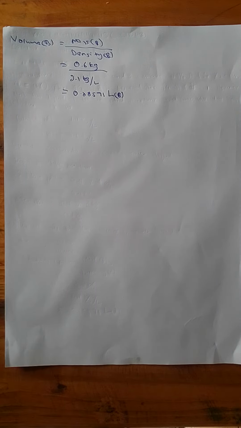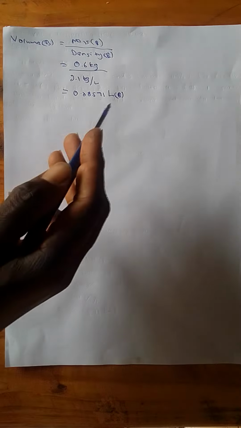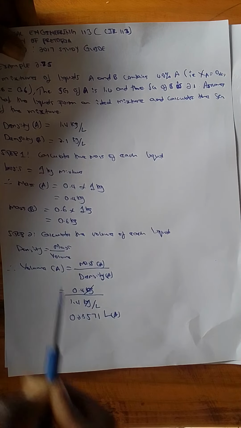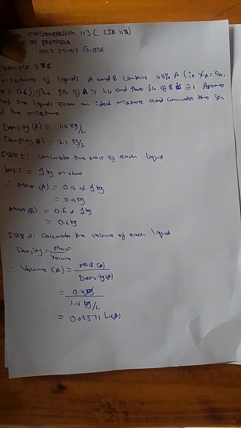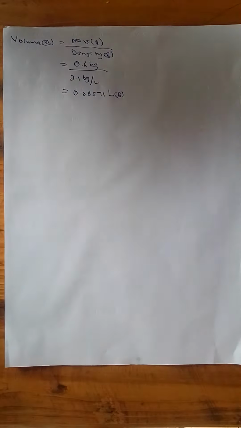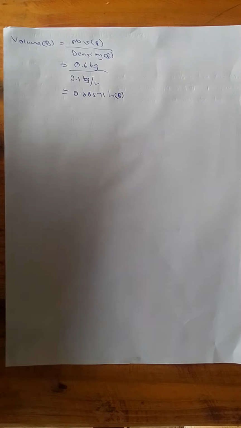Now we have the volumes of both A and B, and the question says that they need the SG of the mixture, which is the density, or the real density as they call it. So if we have both the volume and the masses of each compound, then we can calculate the total volume and then calculate the density from the combined volumes.